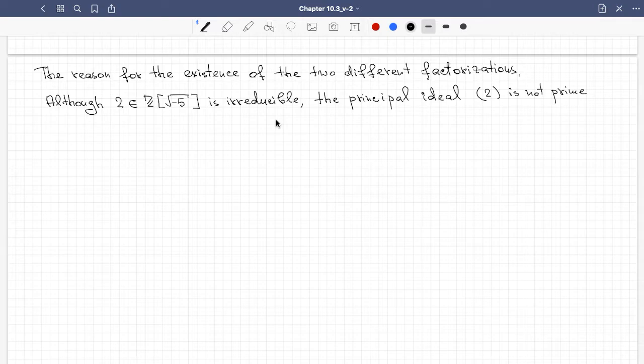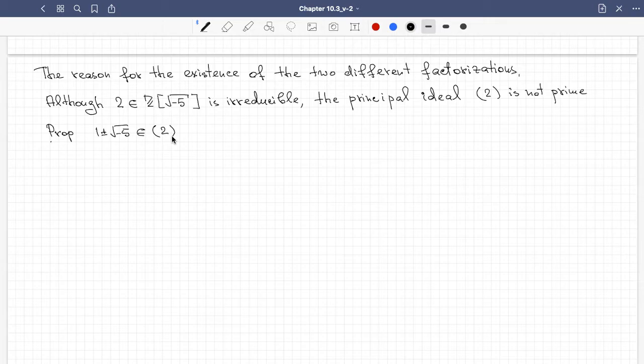The justification comes from two propositions. First, I want to prove that these elements, 1 plus minus root of negative 5, do not belong to the principal ideal 2.